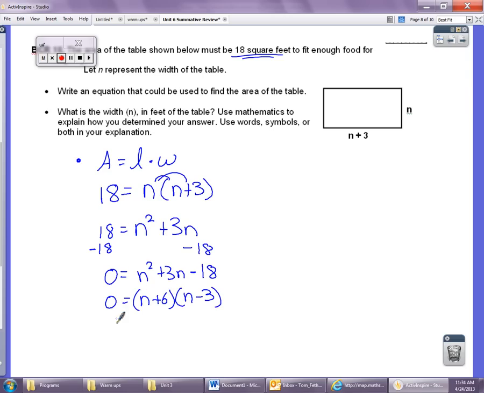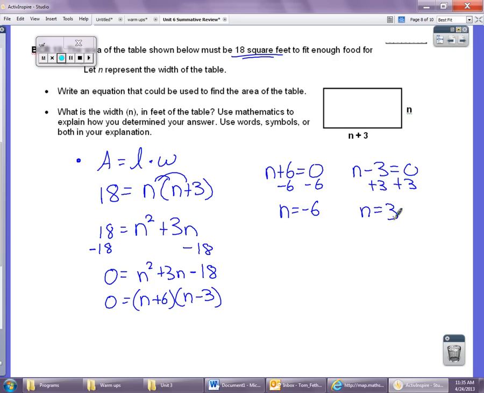Once we get our factors, we write our factors. So n plus 6 equals 0, and n minus 3 equals 0. We solve the first one, subtract 6, so n equals negative 6. Second one, add 3, so n equals 3.